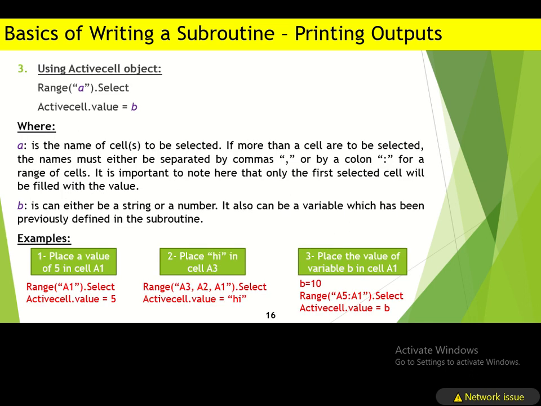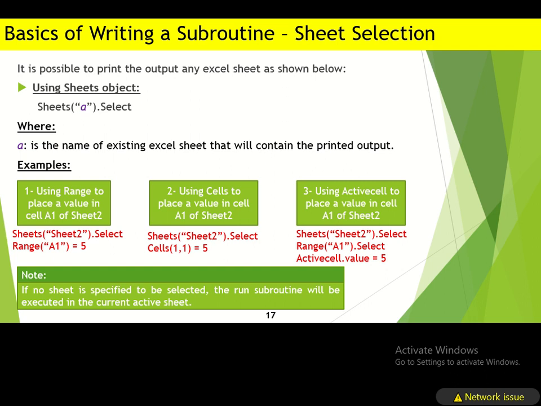But you don't want to put it in that sheet, you want to put it in another sheet. So before the range command, before the cells command, before the active cell command or the select cell command, you use this one, sheets A dot select. Now A is what?